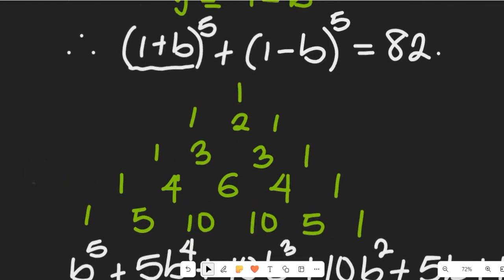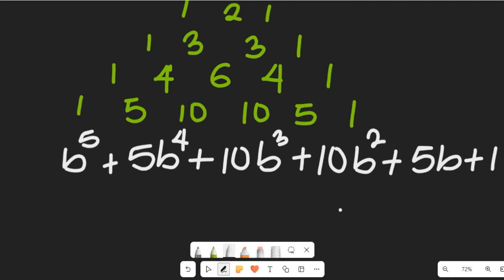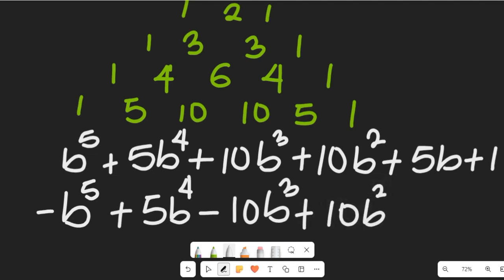And the second one, which is 1 minus b, will now give us negative b to the power of 5, plus 5b to the power of 4, minus 10b to the power of 3, plus 10b to the power of 2, minus 5b, and plus 1.